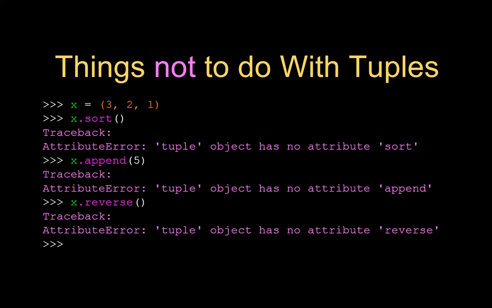The other one is reverse, which is basically changing the order again, because of the immutability of tuples. We don't have these options and we cannot use them here. So we have to be mindful that there are some methods that, unlike lists, we cannot use on tuples.